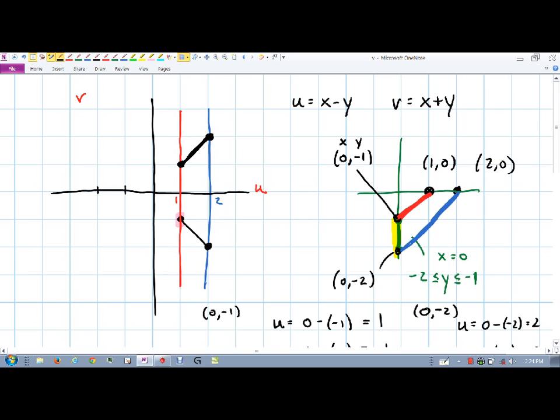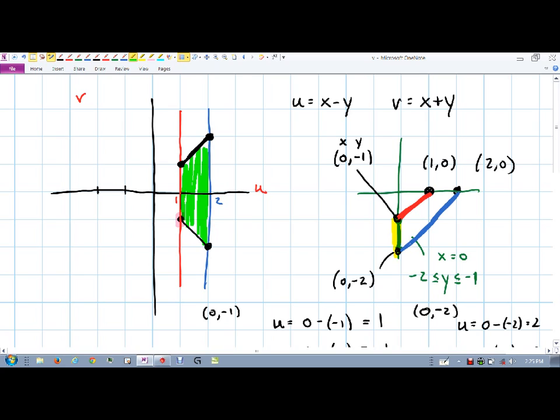This one's like a type 1 region, right? So are you going to be able to put in your new integral, and do it between two constants? You're going to be able to do your u's between two constants, right? But your v is between what?